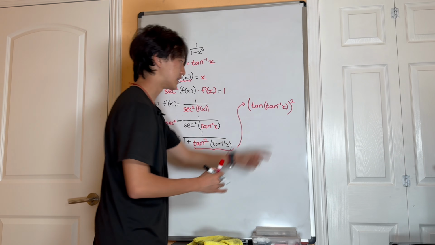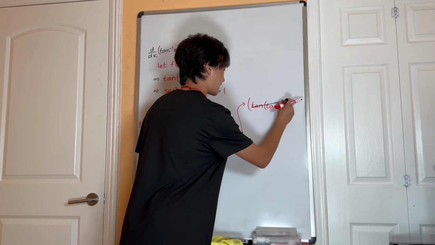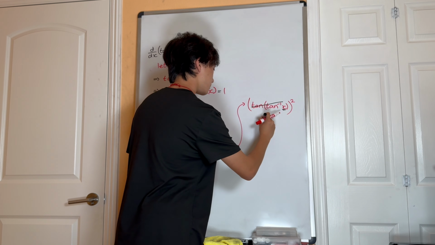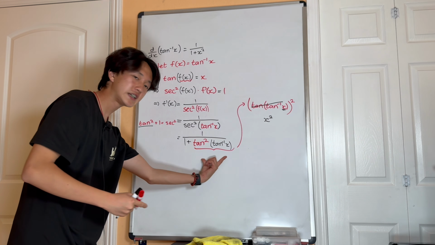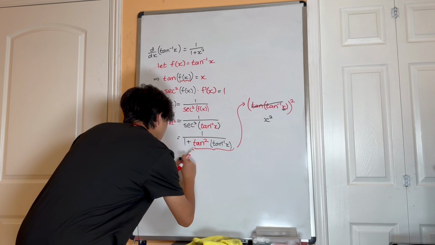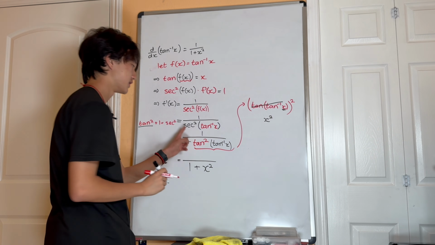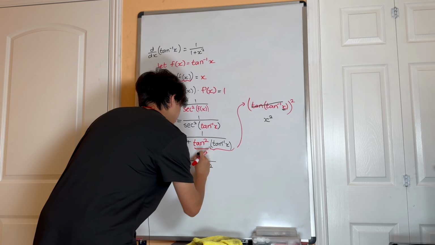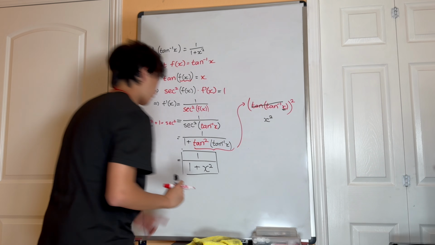So what happens when this occurs? Well, the tangent and the arctangent cancel, so you're just left with x and the square. This whole thing that I have underlined is just equal to x squared. So you have 1 plus x squared in the denominator, and you have a 1 on top. That's where you get the derivative of the arctangent function.